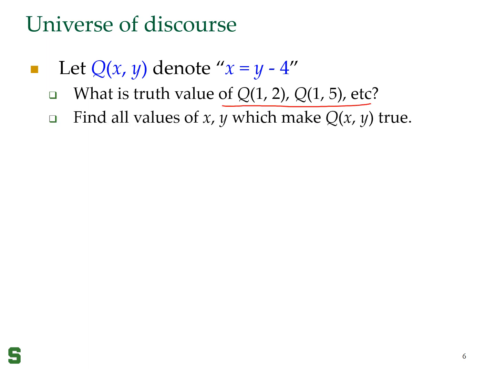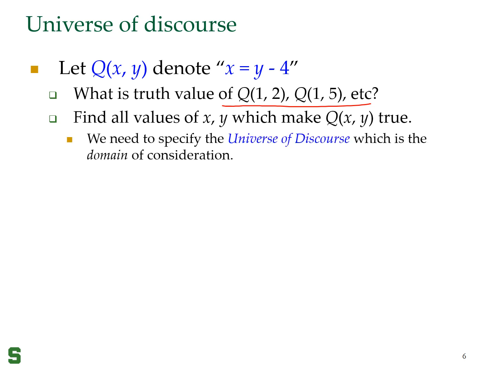Now find all values of x, y that make the value of Q of x, y true. To do that, we have to specify where x and y come from. And this is what we are going to call the universe of discourse. It's a fancy name for the domain under consideration of these variables.